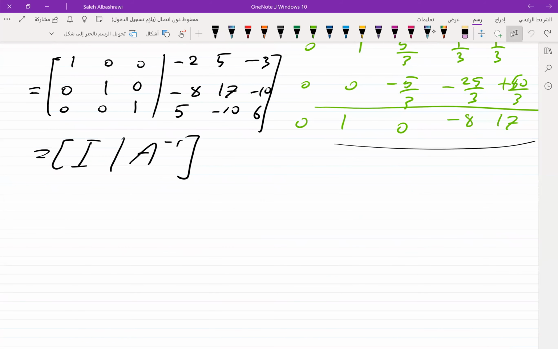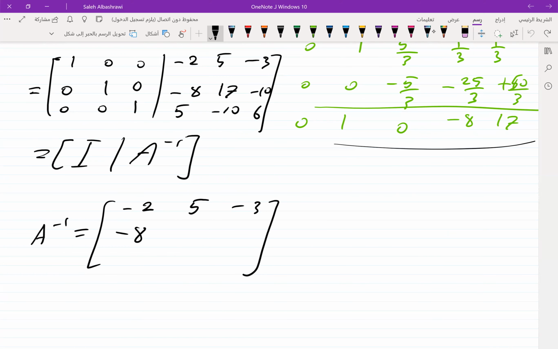So the inverse is given by the matrix minus 2, 5, minus 3, minus 8, 17, minus 10, 5, minus 10, and 6.